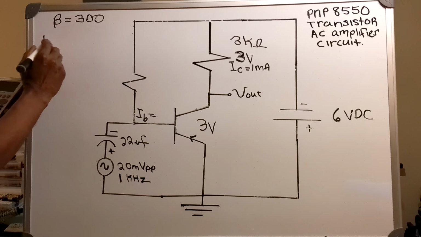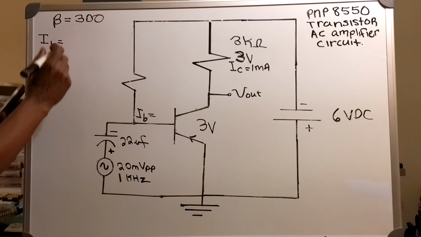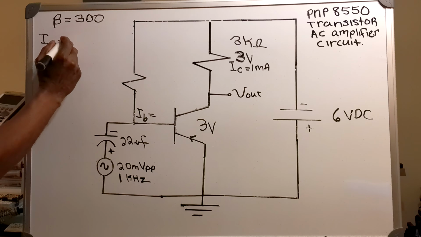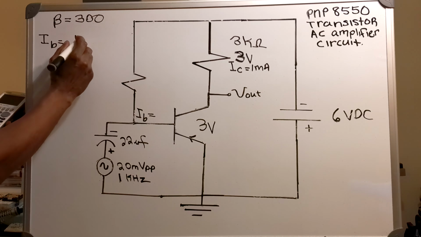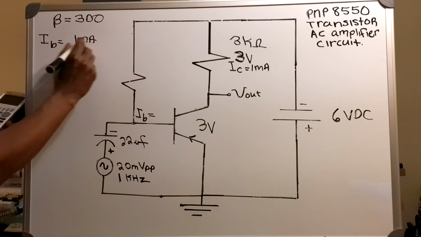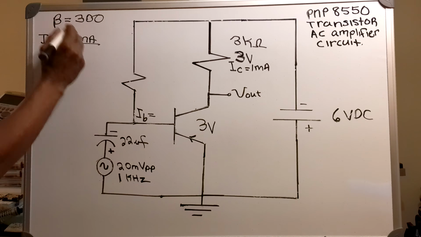So my base current equals 1 milliamp divided by my beta of 300.